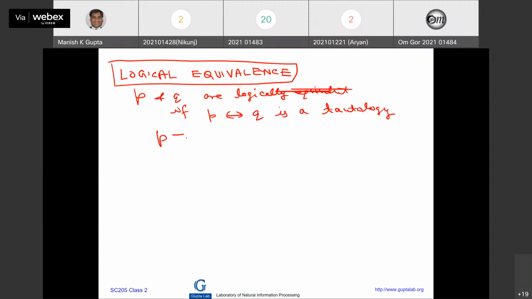So we denote it by logically equivalent, like this. Okay, so example we can take.